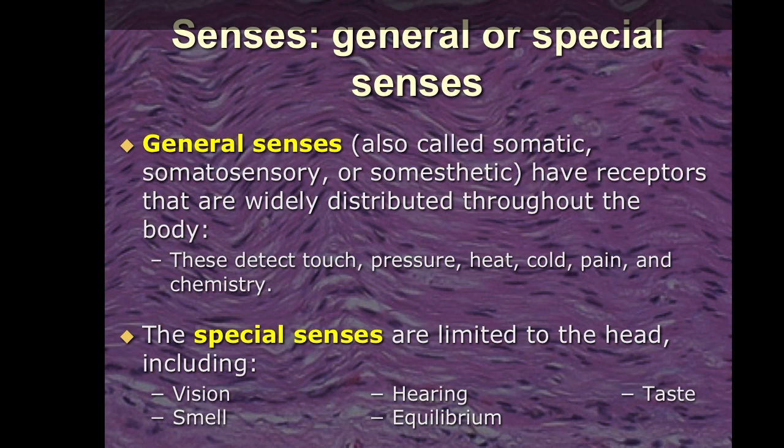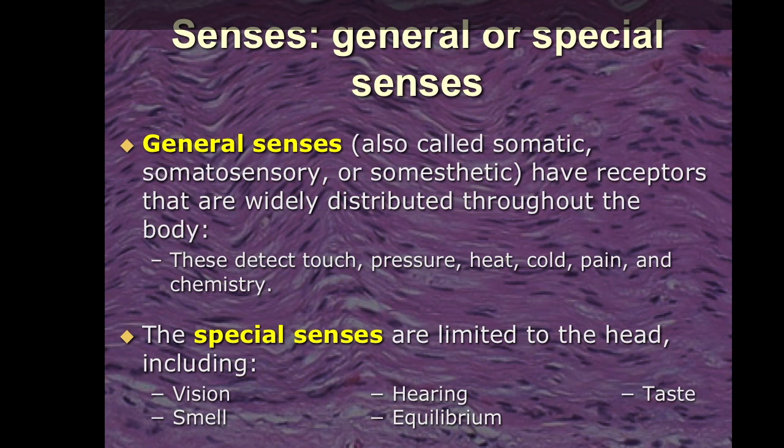But you have receptors that are widely distributed throughout your body. They are going to detect things like touch, pressure, heat, cold, pain, chemistry, just general senses that are happening all over your body. Then your special senses. The special senses are all located around your head.